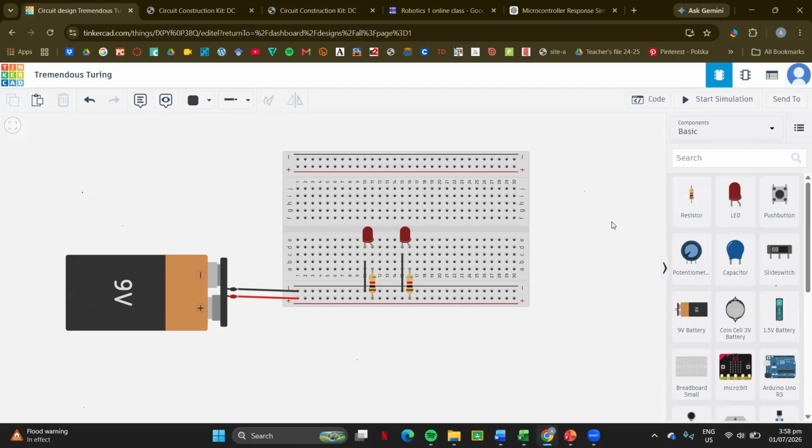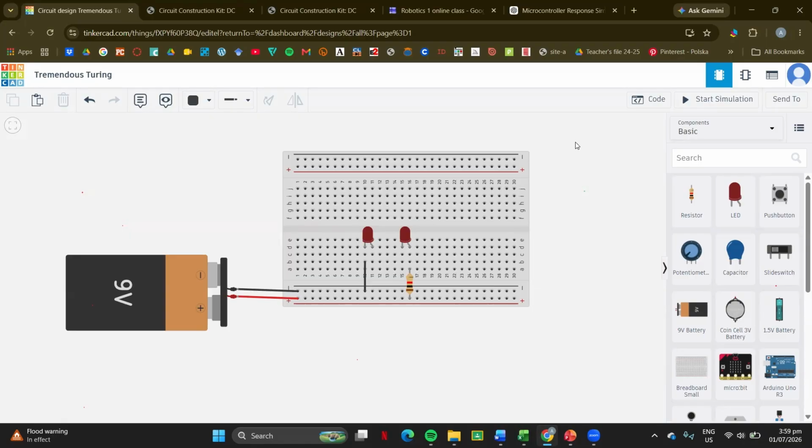What if I want to make a series circuit? I think I'll remove this one. What do you guys think? What do I have to do? So I have a series circuit rather. The first one was parallel. Yes, Miko. For the first LED, connect the negative terminal and the positive terminal of the two LEDs. Okay.